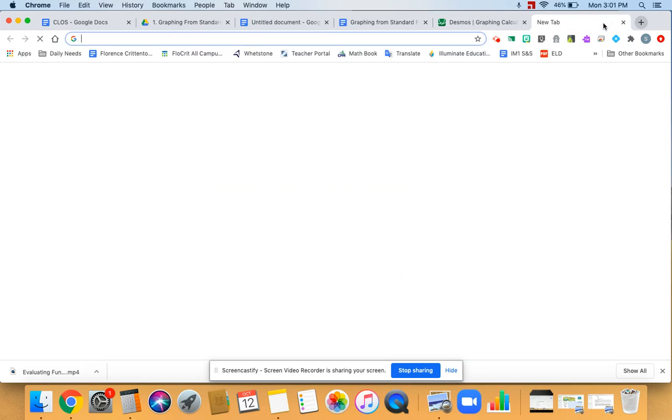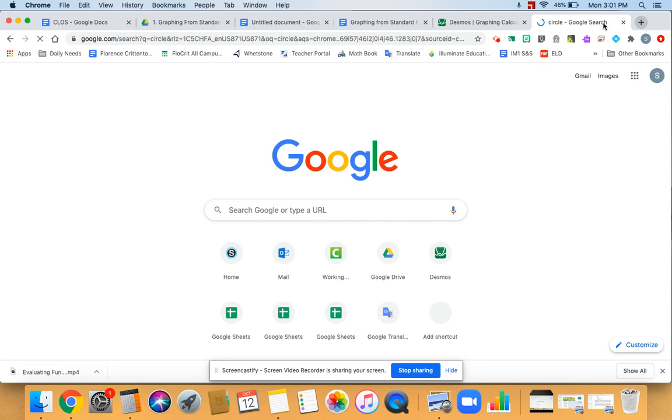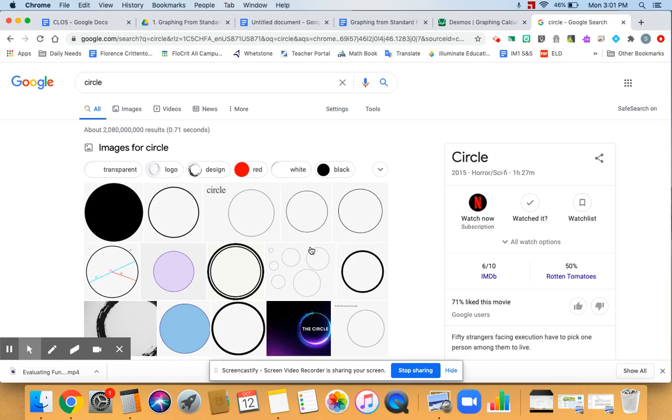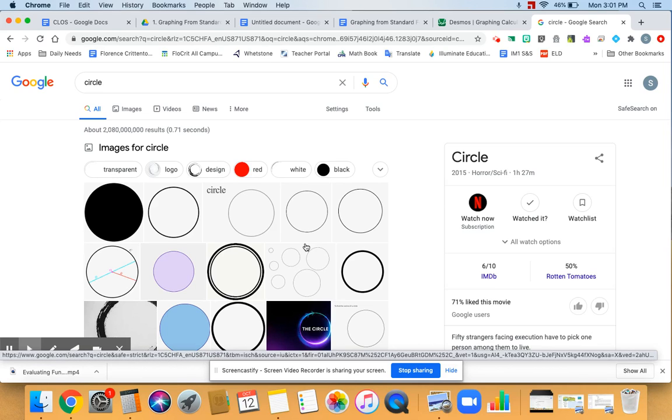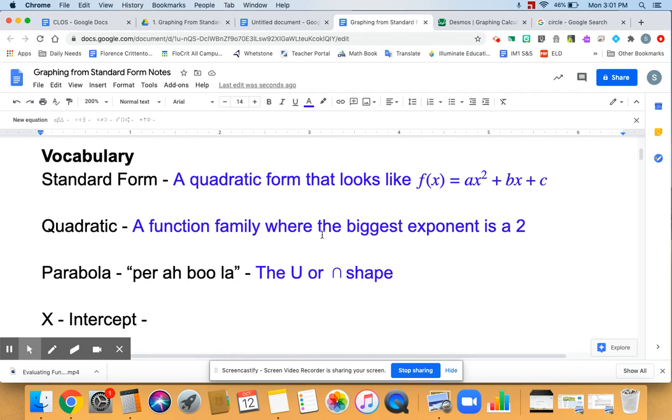Just like, for example, this shape is called a circle. We don't call it an O. The letter O is in the shape of a circle. So even though these look like U's and N's, we don't call them U and N when we talk about it properly. We call it the parabola shape.